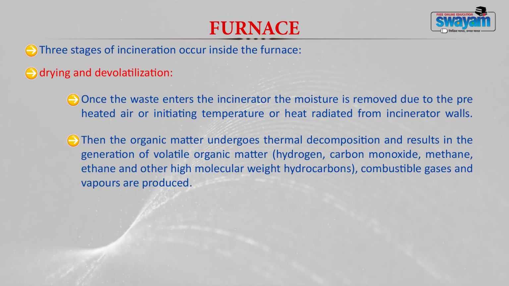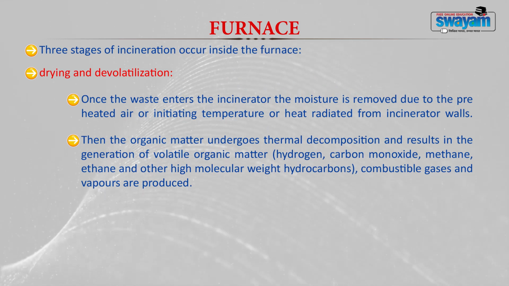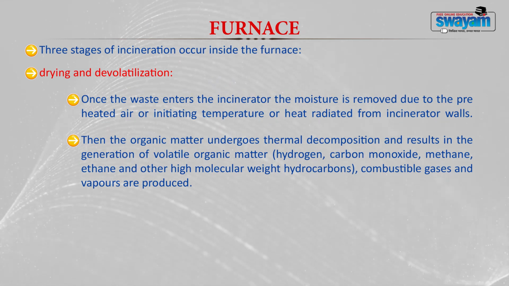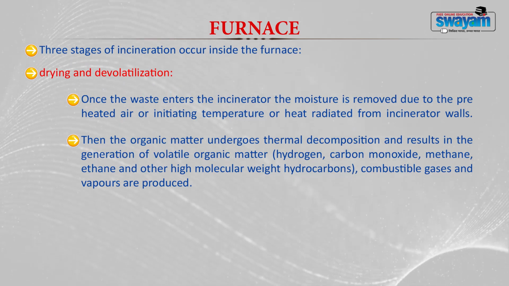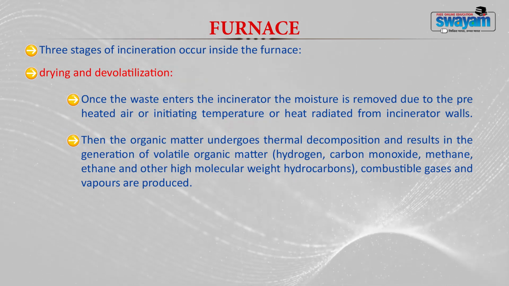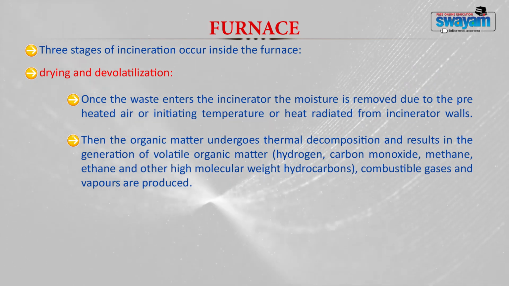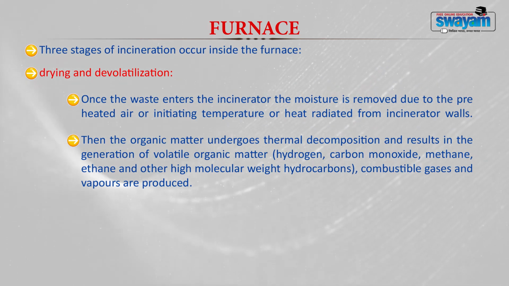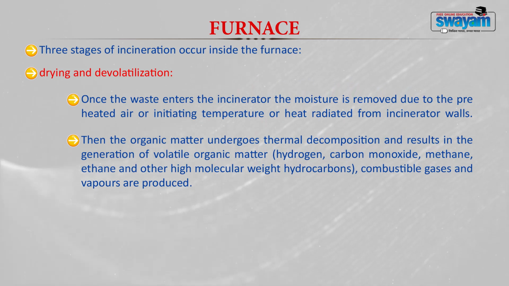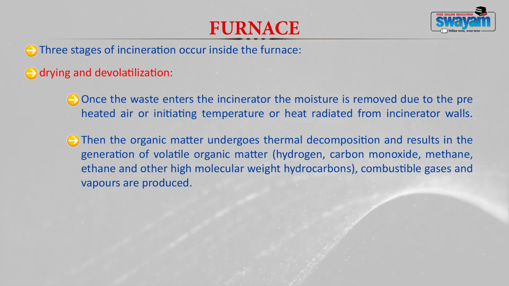Then the organic matter present in the waste undergoes thermal decomposition, resulting in the generation of various gases and volatile organic matter like hydrogen, carbon monoxide, ethane and other high molecular weight hydrocarbons. In addition, combustible gases and vapors are also produced.